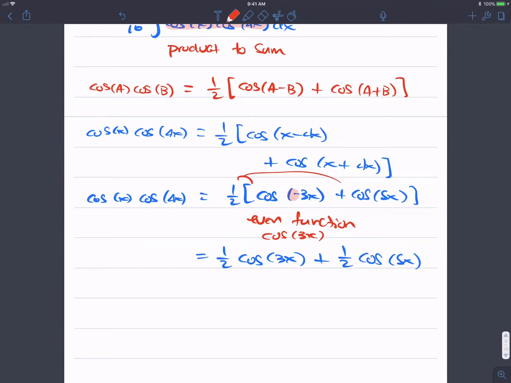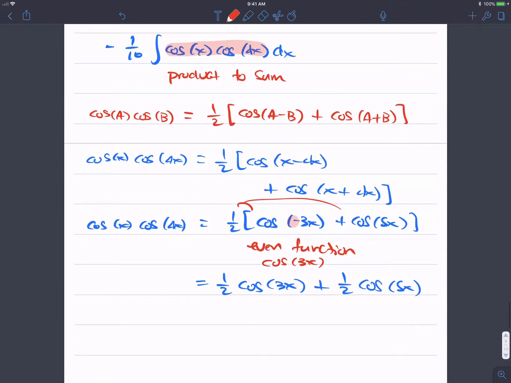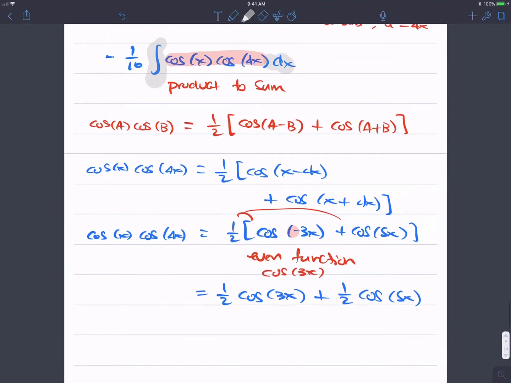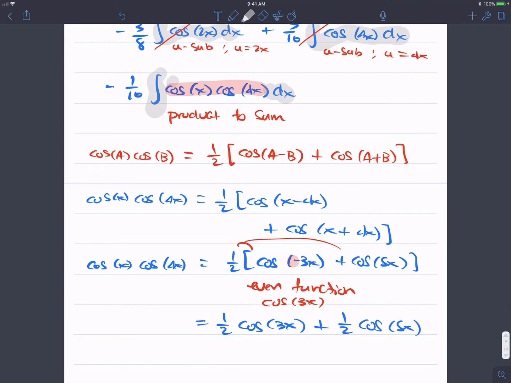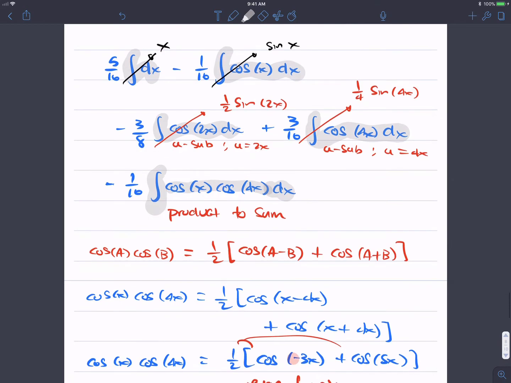The point I'm making here is that this is a separate integral that you have to do with an identity. We're trying to integrate that integral. So let's get rid of these colors and keep this in perspective. This is the integral we have to integrate.